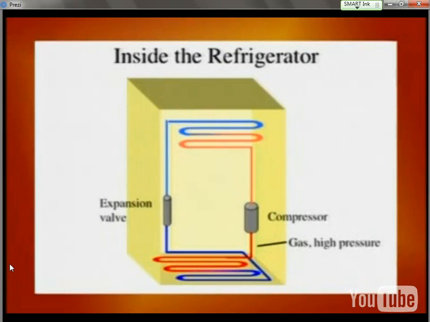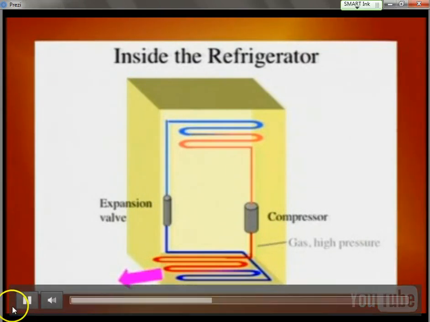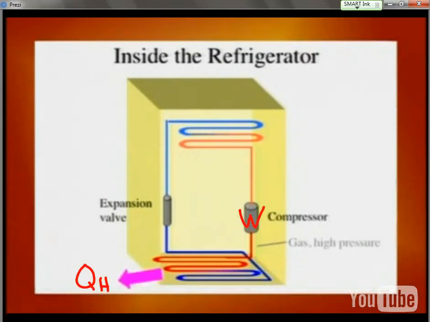So as it goes through those coils, it gets rid of some of its energy. It rejects that energy to the outside environment, the room the refrigerator is in. Translation, if you touch the coils of the refrigerator, either underneath or in back, they're warm. They're giving heat out to the room that the refrigerator is in. A refrigerator, ironically, gives off heat. Well, not so ironically. We'll see why in a minute. Okay, so now we have the working fluid in liquid form, but it's still at high pressure.